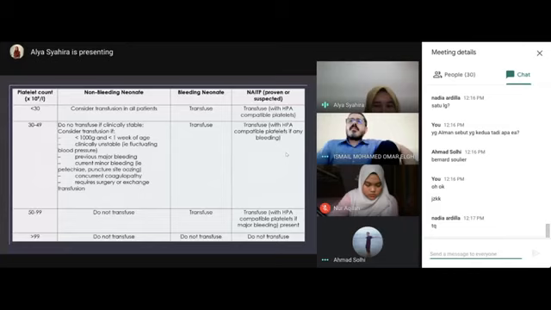If it is more than 30, we transfuse if the patient is clinically unstable, or has previous major bleeding concurrent with coagulopathy, or the infant needs surgery or exchange transfusion. But if 50 and above, we do not need to transfuse platelets.